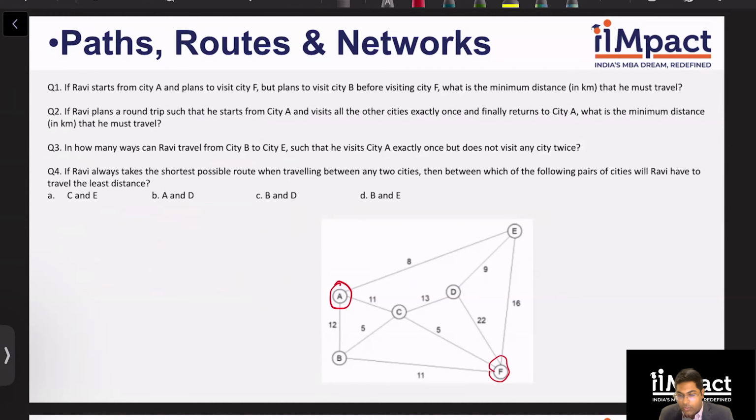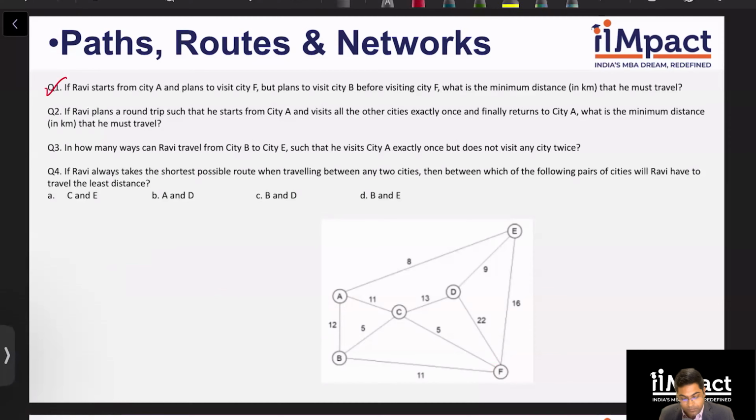Distance may go up or down. But I know for a fact that if I add 2 or more cities, the distance will definitely go more than 23. So here I'll just take one more case where I can see that city C could also be considered. And if I look at this route A, B, C and F, the distance is 22, which is less than 23, and therefore this is my answer.